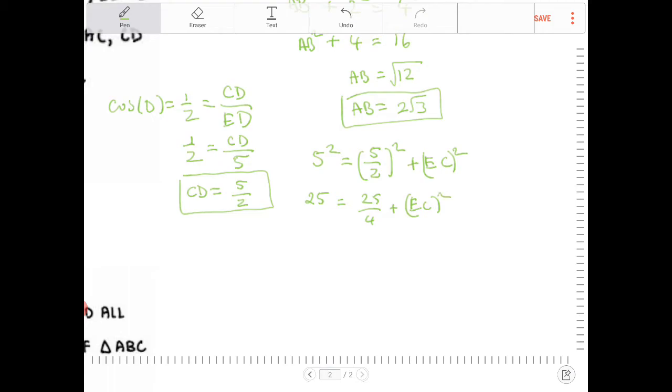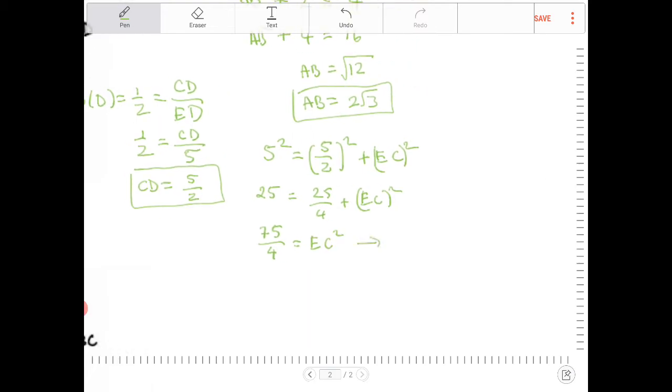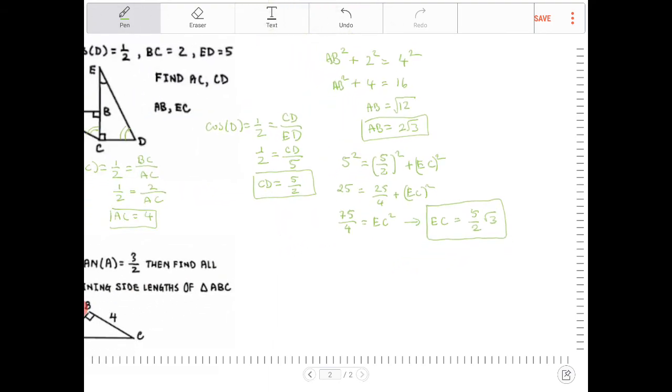Subtract both sides by 25/4, I get 75/4 is equal to EC squared. Take the square root of both sides. EC will turn out to be 5/2 square root of 3. Okay?